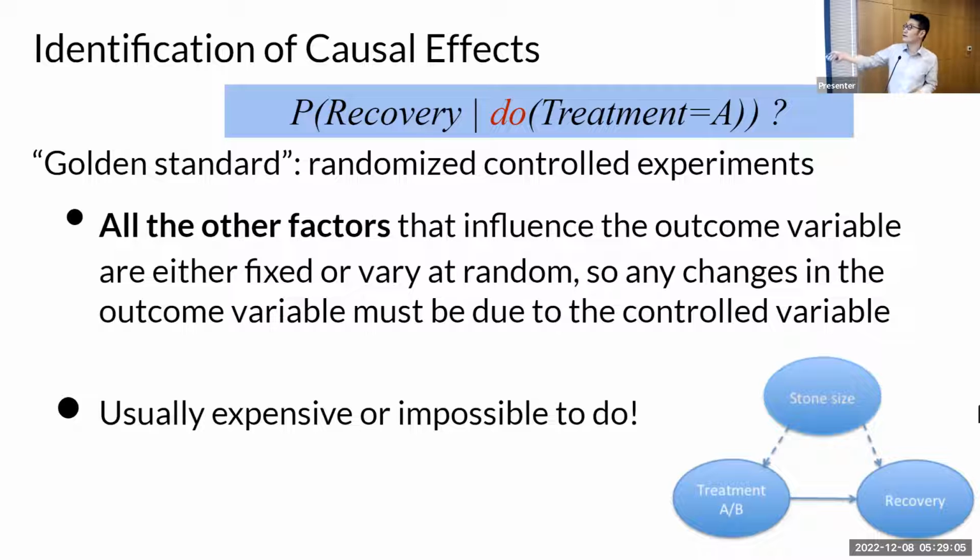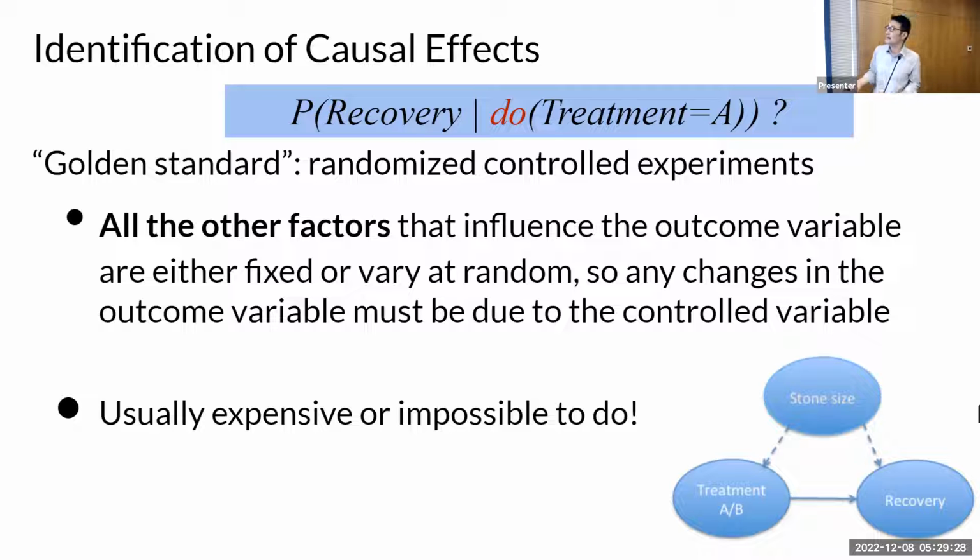Since all the other features are the same across the two, they either have the same value or the same distribution, then if you see a difference in recovery, clearly it must be because of the different treatments. So this is one way to discover causal effect by making use of randomized controlled experiments.